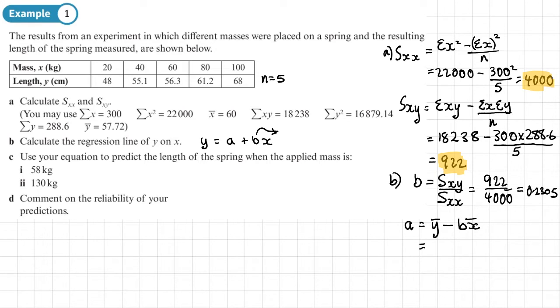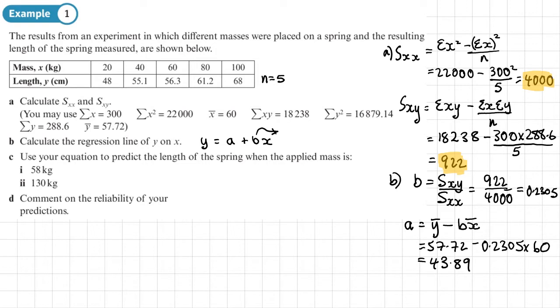So mean of y is 57.72 minus b, well b is what we've just calculated, 0.2305, times by the mean of x, and I can see there is 60. So it gives us the value of a, so we'll calculate this on a calculator, and it gives me 43.89.